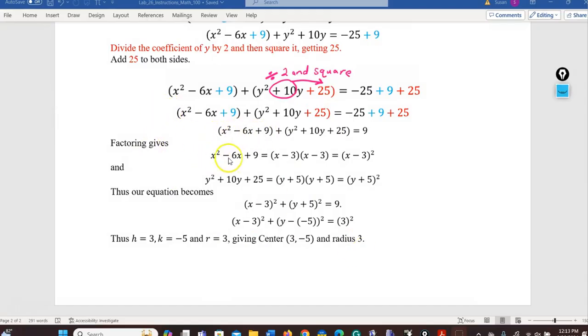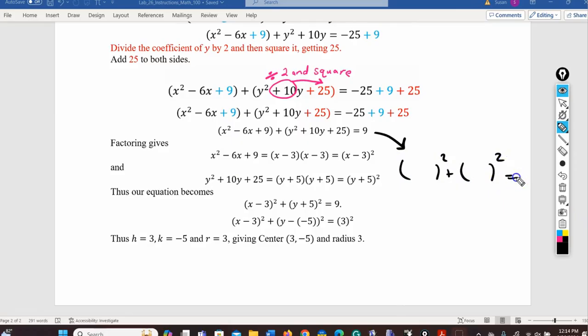I went from here and said factoring it gives that, but remember the shortcut: once you get it into here, the shortcut is that number divided by 2, which will be negative 3, and what goes in here is that number divided by 2, which is positive 5.